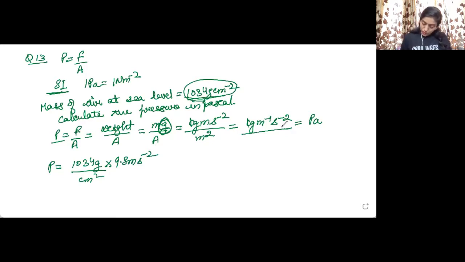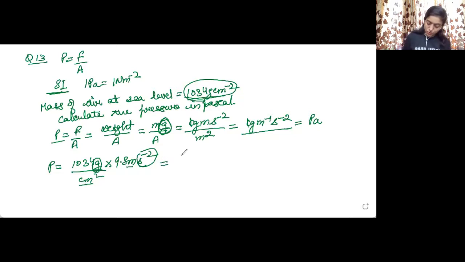Here we have meter, here we have centimeter, here we have gram, here we have second. In SI units, time is in seconds, so we do not need to change this. Mass is in kgs, so we need to convert this gram into kilogram. Area is in meter square, or length is in meter, so we need to convert the centimeter into meter.